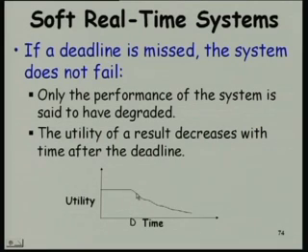The result is not thrown away, but it has diminishing utility value. So, the utility of the result decreases with the time after the deadline. Is that okay? That is the difference between hard real time, firm real time and soft real time. But what are the examples of soft real time?